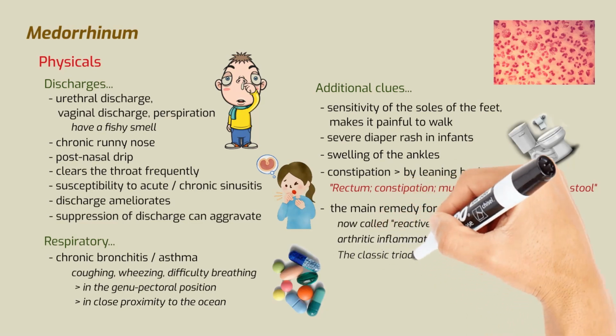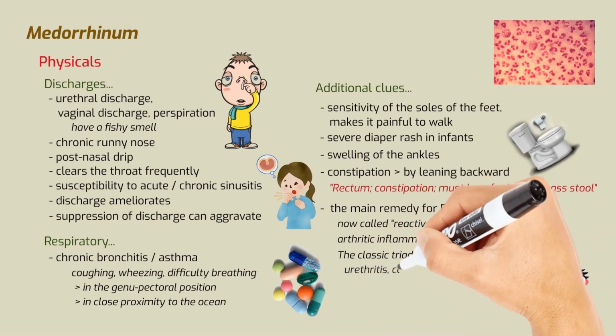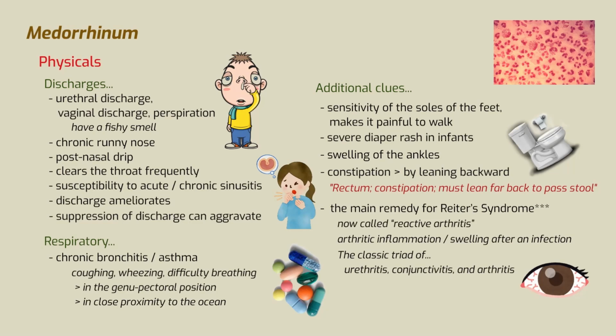The classic triad of Reiter's syndrome is a combination of urethritis, conjunctivitis, and arthritis. So whenever we see arthritis or chronic inflammation associated with either conjunctivitis or a UTI like urethritis, we must consider Medorrhinum. All right, now let's talk about remedy relationships.